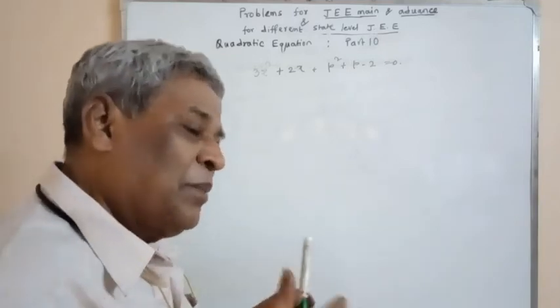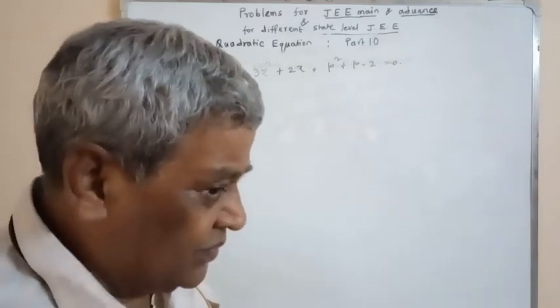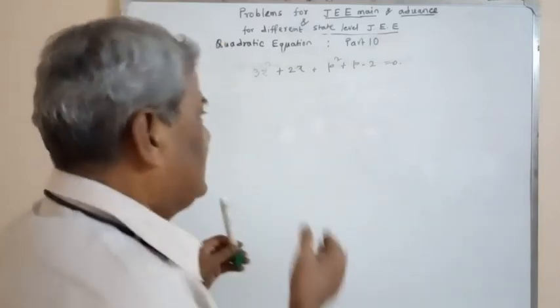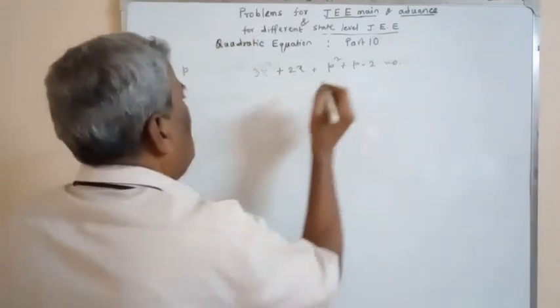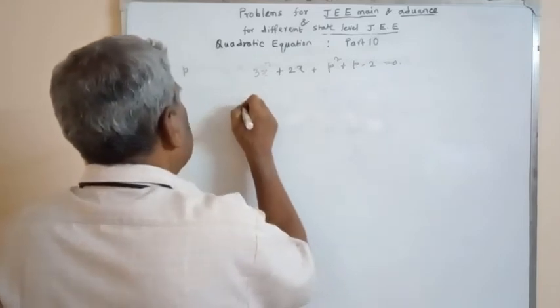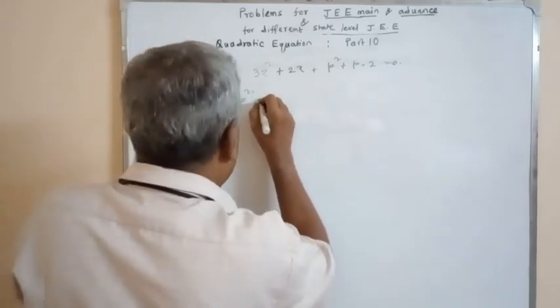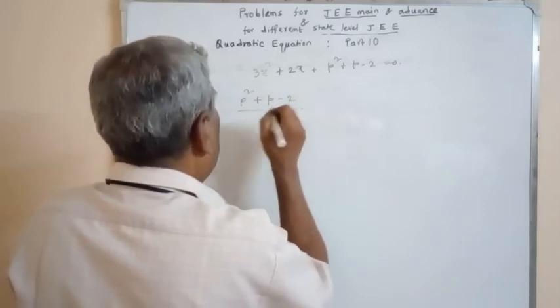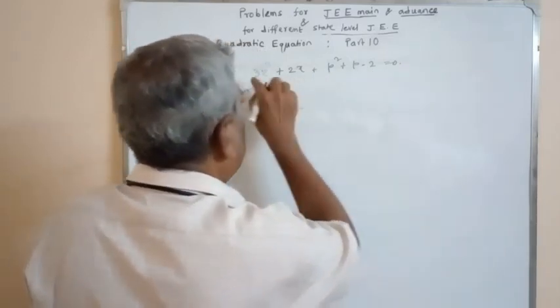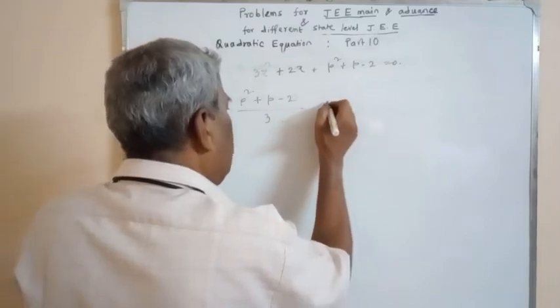Their sum may be positive, may be negative, may be 0, but product of the roots must be negative. Here, product of the roots is p square plus p minus 2 by 3. Product of the roots is c by a. This must be negative.